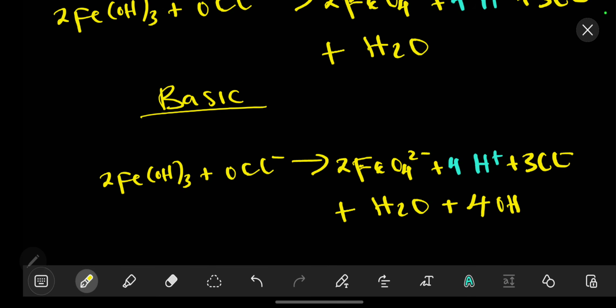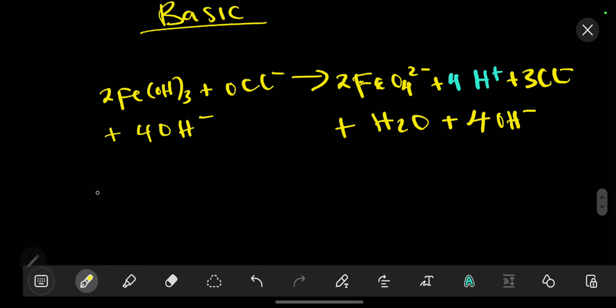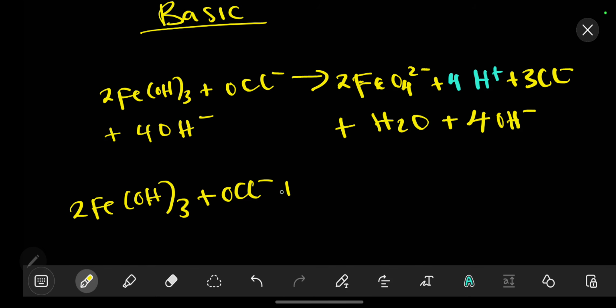Be careful when you write: when they are on the same side, it means they are continuing. So we have 2Fe(OH)3, plus our OCl negative, plus our 4OH negative.